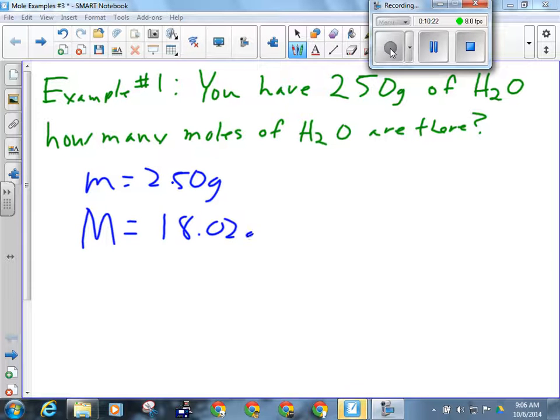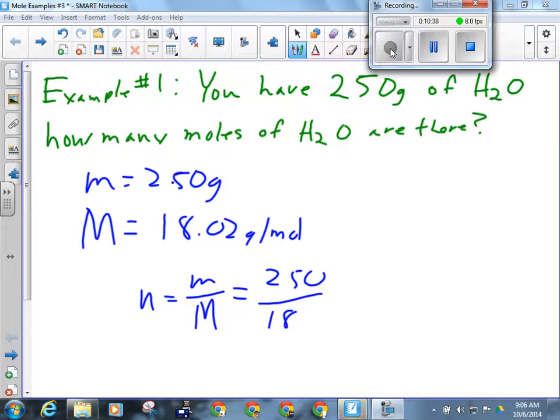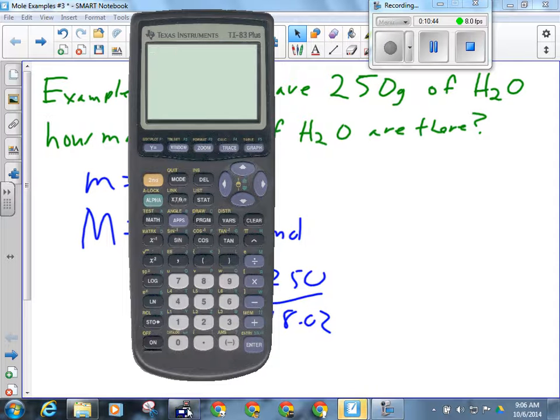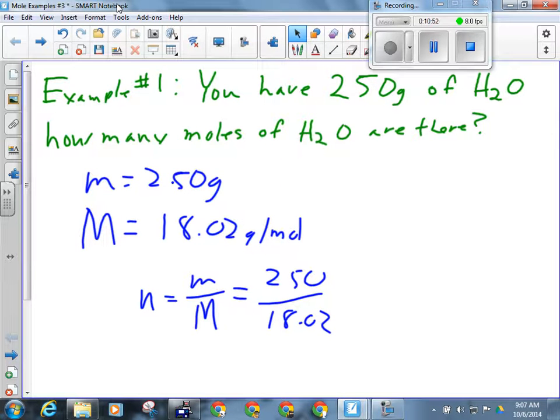It's 18.02 grams per mole, where we would go 2 hydrogens, so 2.02, plus 16, which is oxygen, gives us 18.02. n equals little m over big M. So we'd have our 250 over 18.02. All right, so we're looking at 13.87 moles.